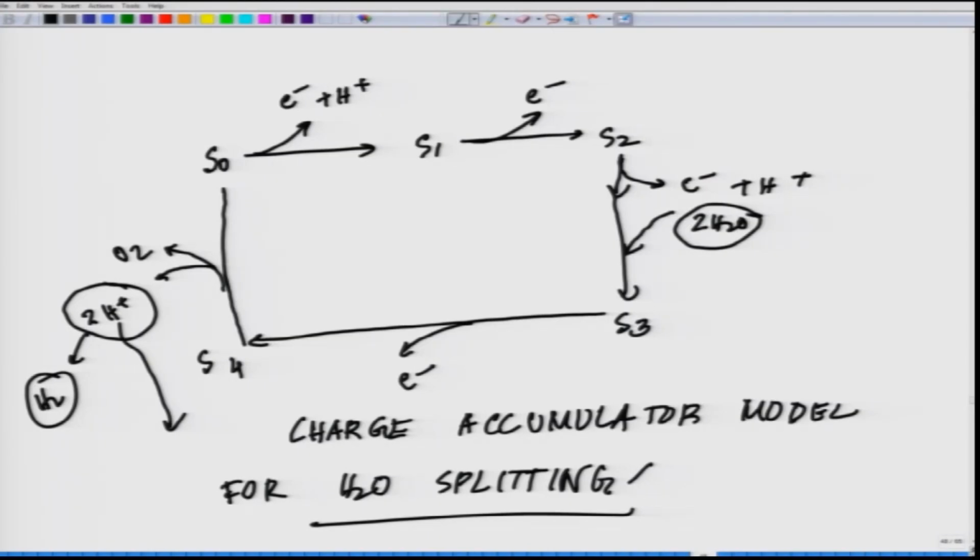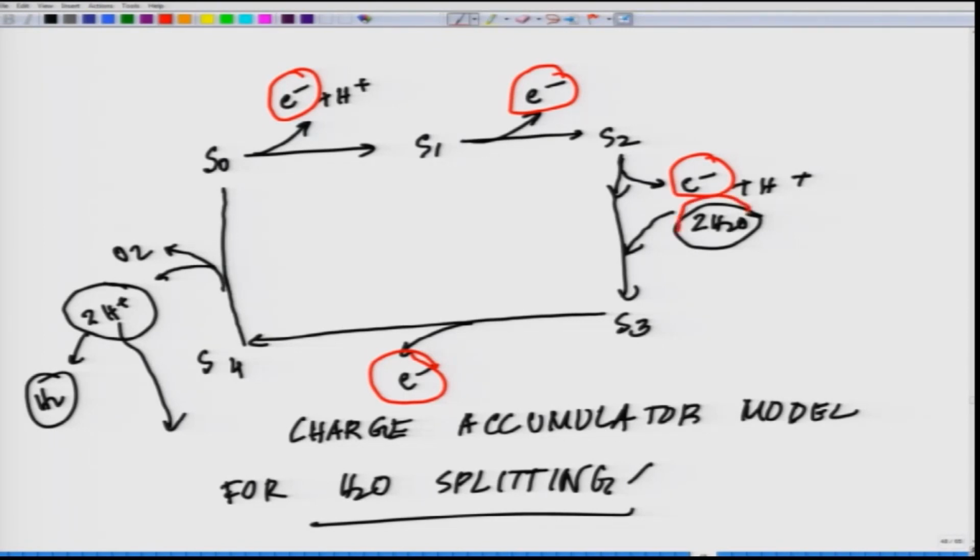So, this is what is happening here: electron 1, electron 2, electron 3, electron 4. These are the 4 electrons, sequentially withdrawn by P680 plus, which drives the formation of oxygen from 2 water molecules.